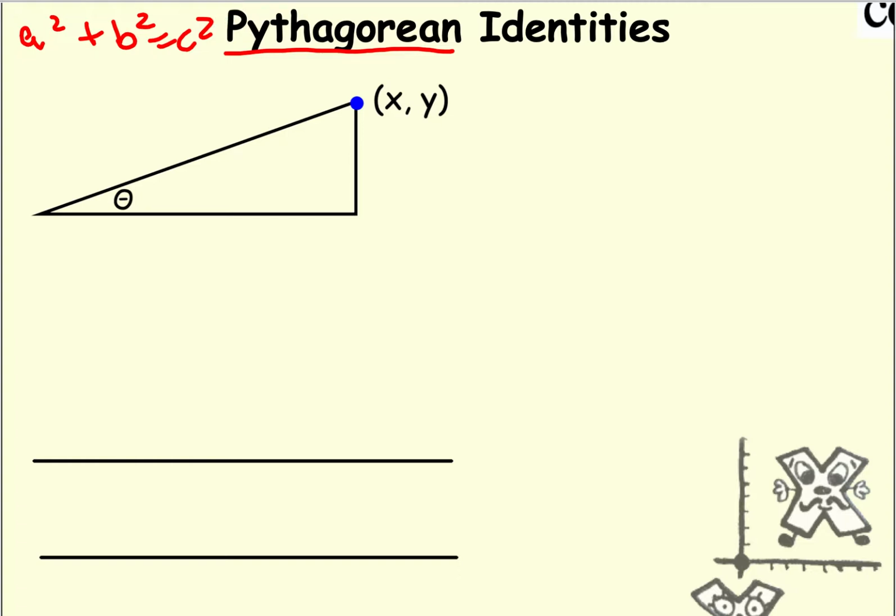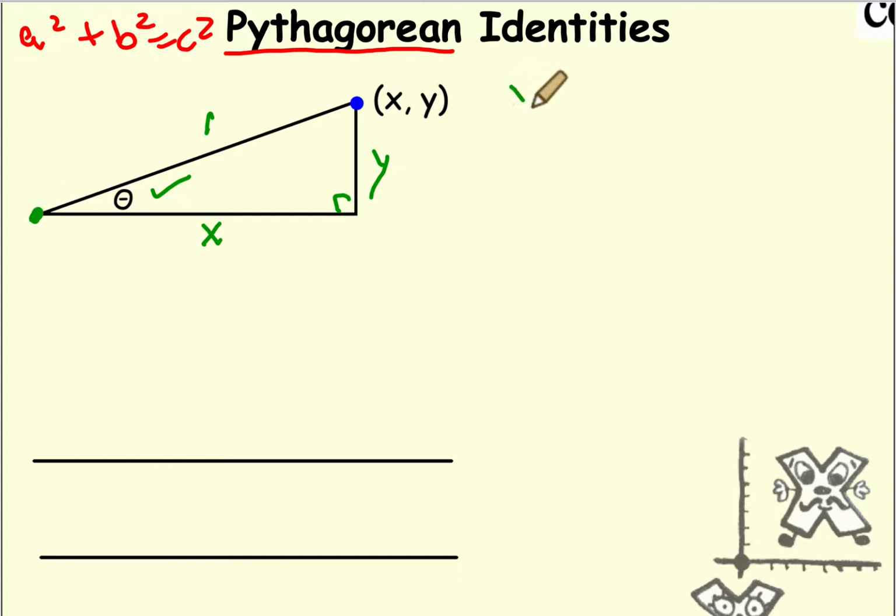So thinking back to our unit circle, for any point (x, y) on the unit circle, this leg has a value of x, this leg has a value of y, this is my right angle, this is my angle in the normal location, or this would be our origin, and the hypotenuse is equal to 1.